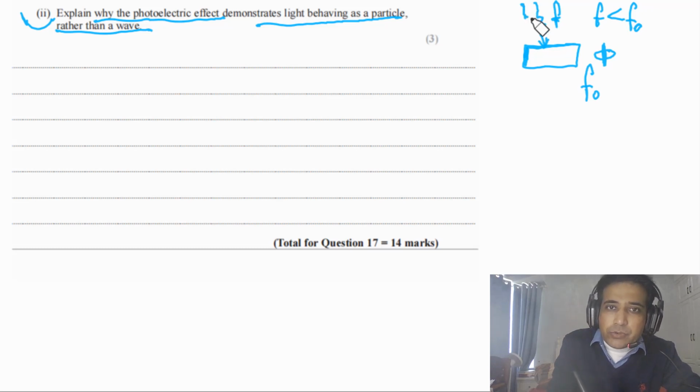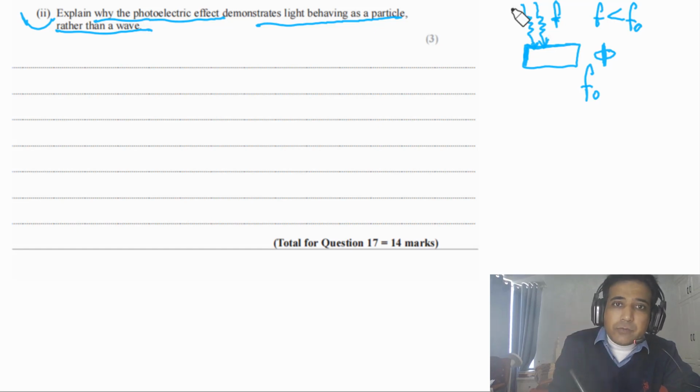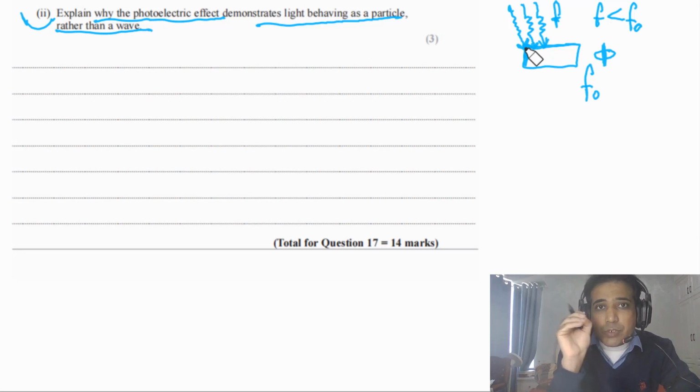Now if we increase the intensity of incident light, still there will be no emission of photoelectrons. It doesn't matter what is the intensity of EM radiation, means what is the intensity of light. If you go on increasing intensity of light, there will be no emission of photoelectrons.